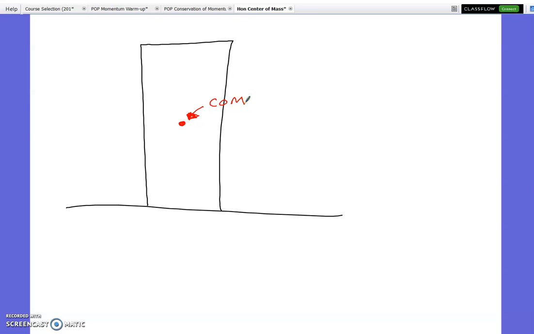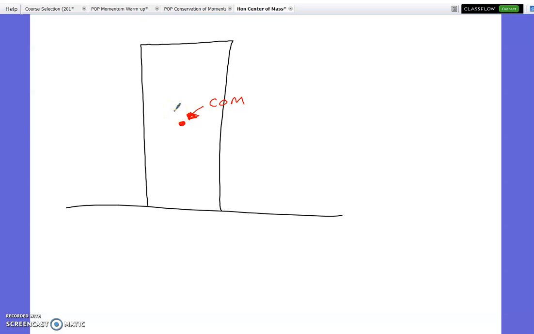However, gravity pulls on things more if they are closer to the center of the Earth. So gravity is pulling more on the bottom portion of this building than it is on the top portion. So therefore, the gravitational force of the bottom is slightly larger than the gravitational force of the top.